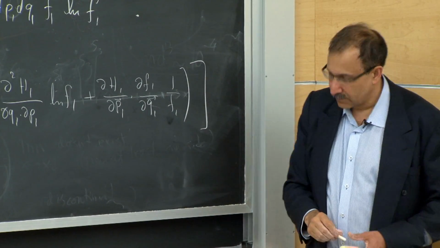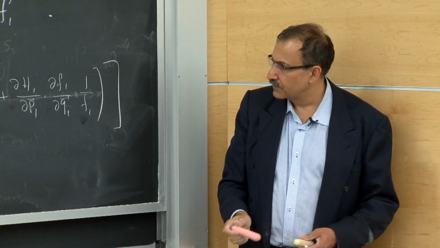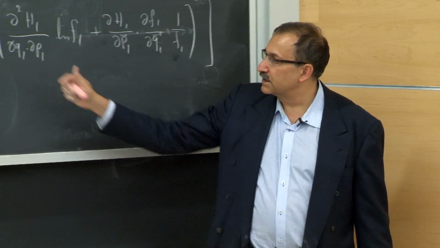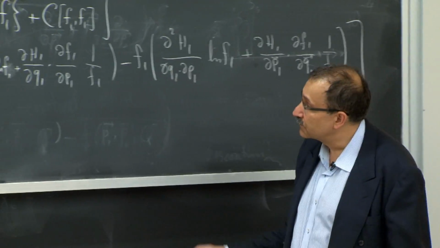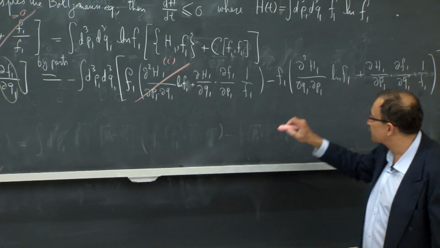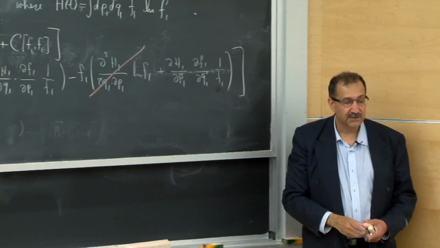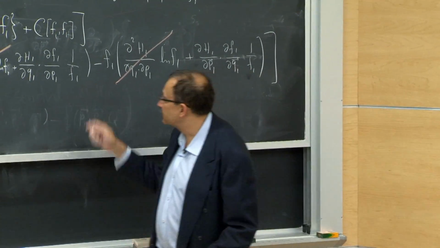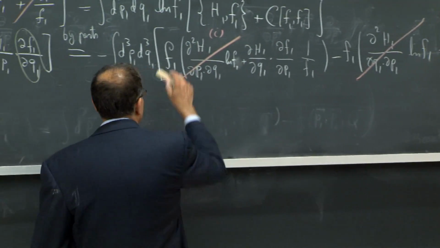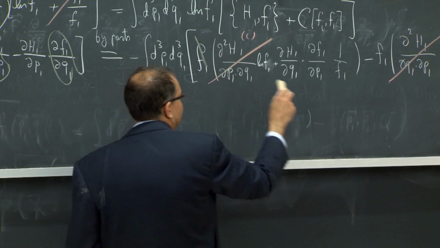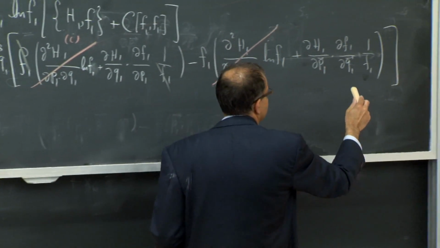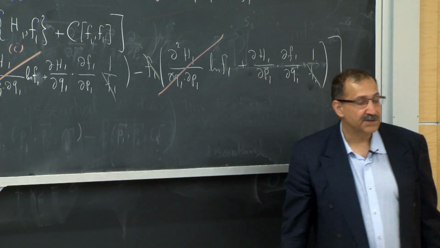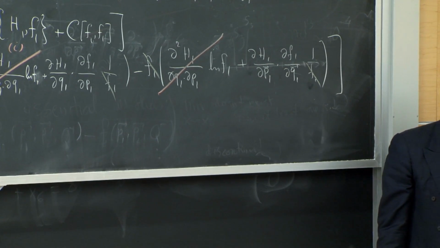Now, the terms that are proportional to the second derivative, the order of the derivative does not matter. One of them is positive, one of them is negative, so they cancel out. And then I have these additional terms. For the additional terms, you note that the F1 and the 1 over F1 cancel. So essentially, these are just the product of two first derivatives.